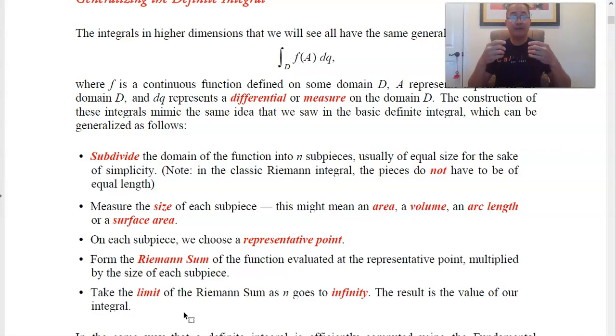Now, we have the fundamental theorem of calculus that says all you have to do is find the antiderivative and plug in the endpoints, what we just did a few minutes ago. In the same way, we're going to see theorems that will help us to actually compute these new integrals exactly.